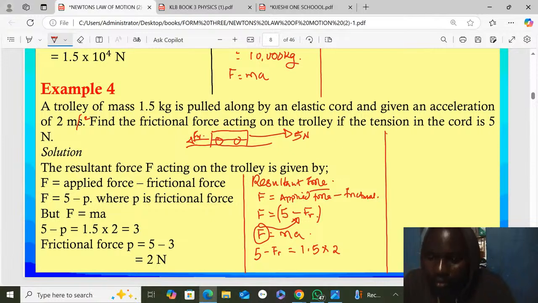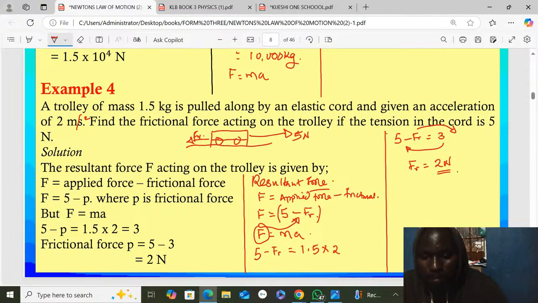Here we go. So this will be 5 minus Fr is equal to 3. So for Fr, if you pick this one to the other side, it becomes positive, and this one becomes negative. Therefore, our Fr is 2 newtons, like that.